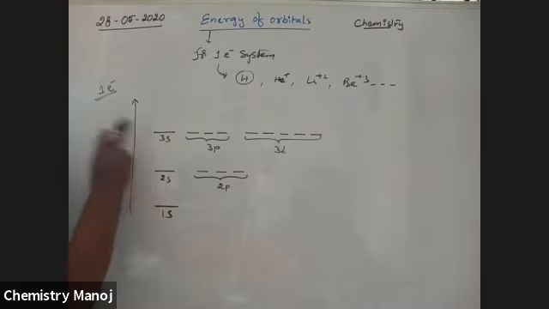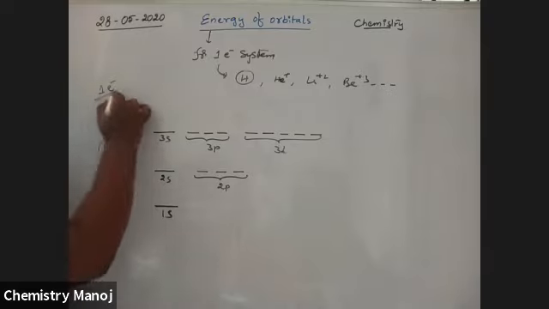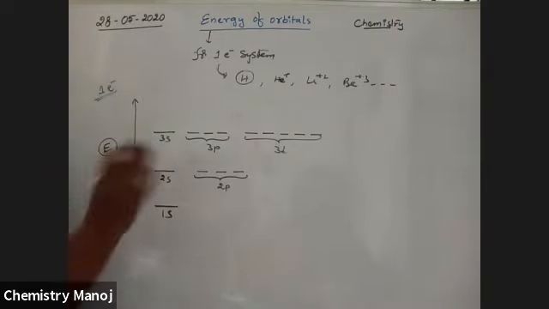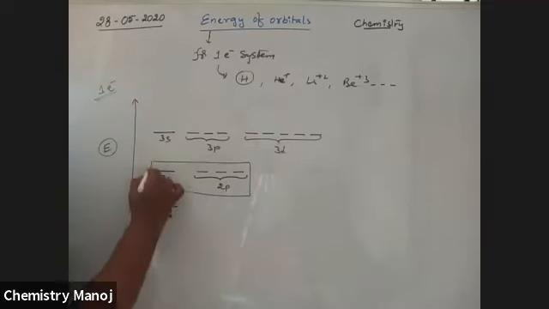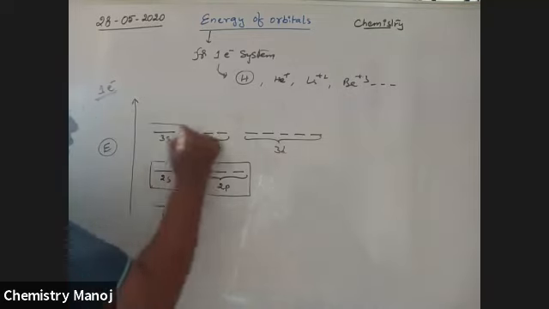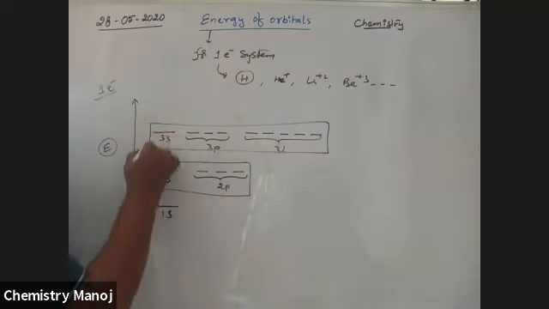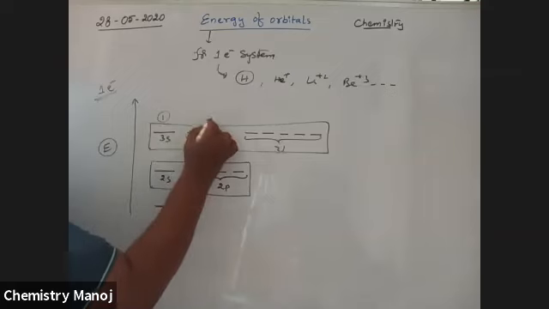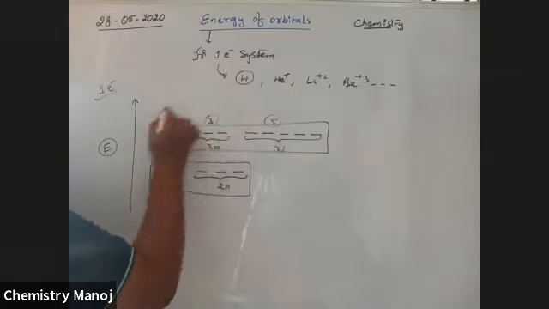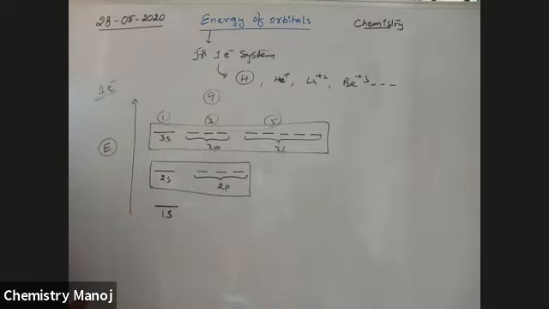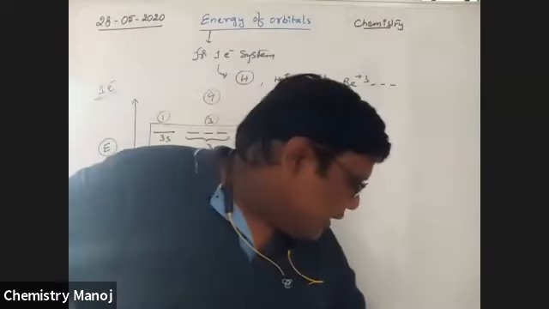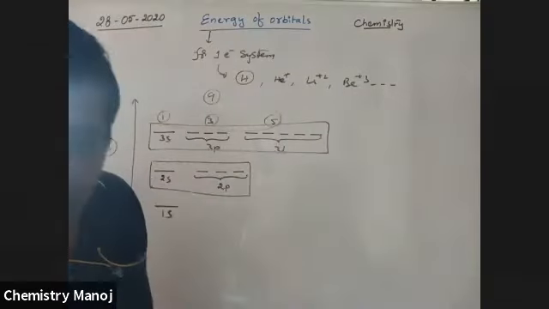But if the n value is the same, the energy of those orbitals is also the same. So these 9 orbitals, 1, 3 and 5, total 9 orbitals, all have the same energy.